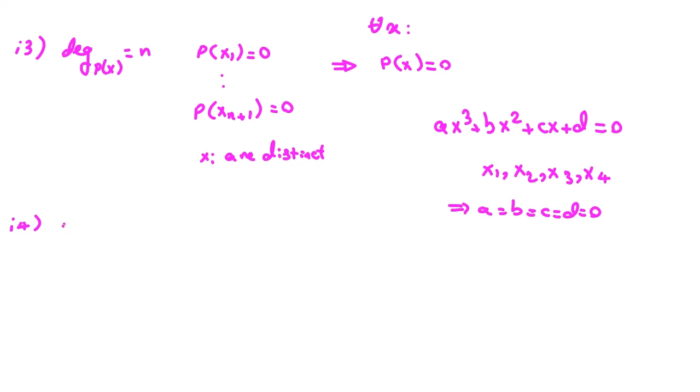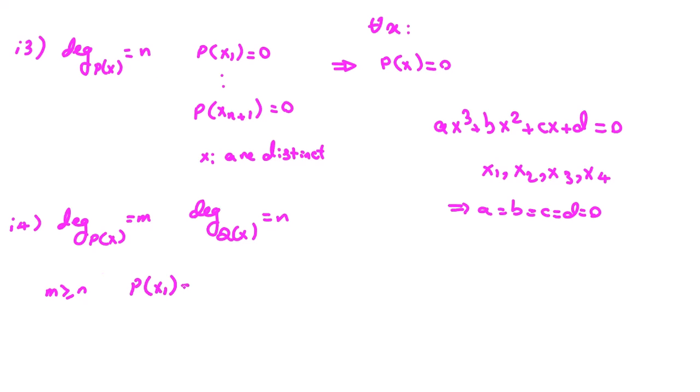Next idea is, suppose we have 2 polynomials, p of x and q of x, whose degrees are not necessarily equal. For example, suppose degree of p of x equals m, degree of q of x equals n, and without loss of generality, suppose m is greater than or equal to n.